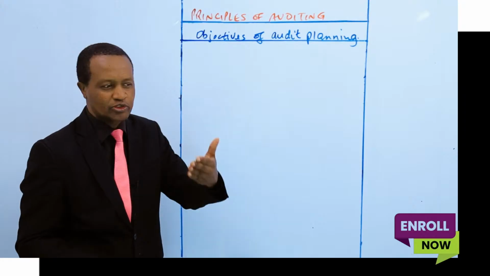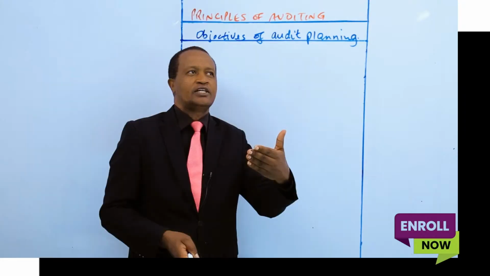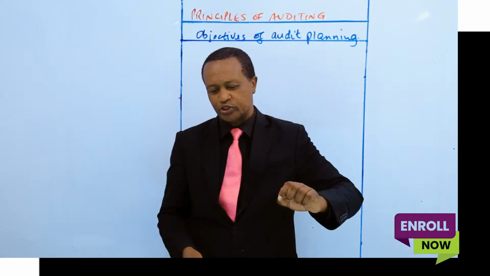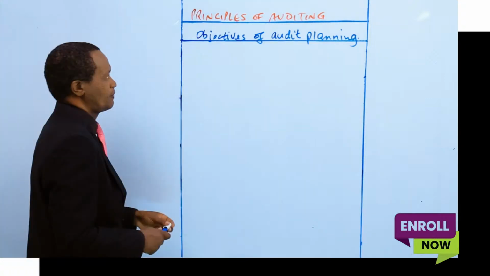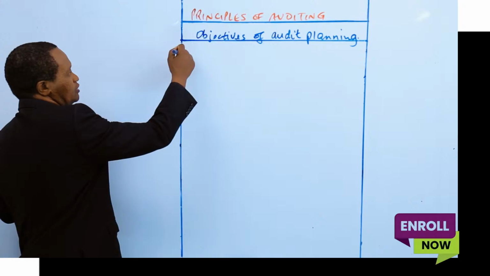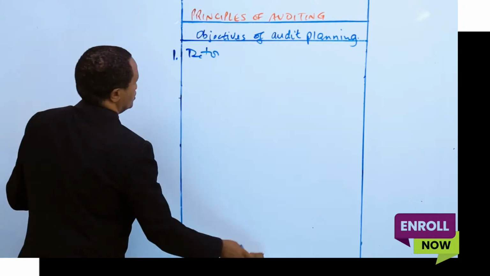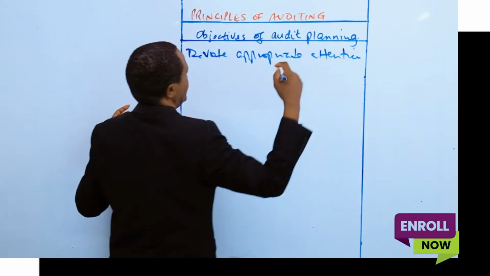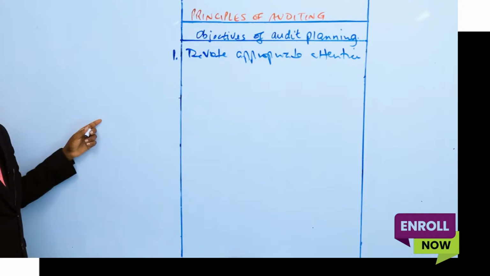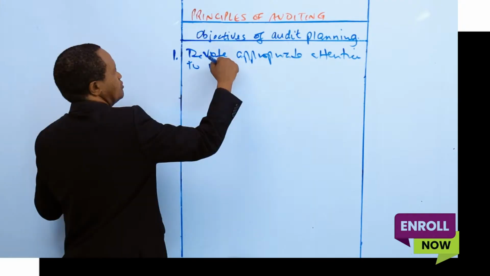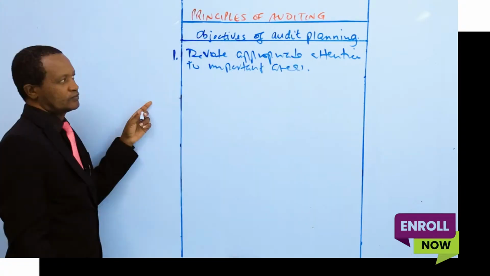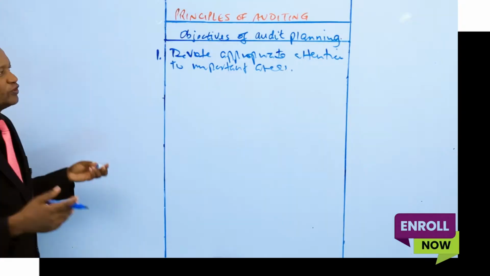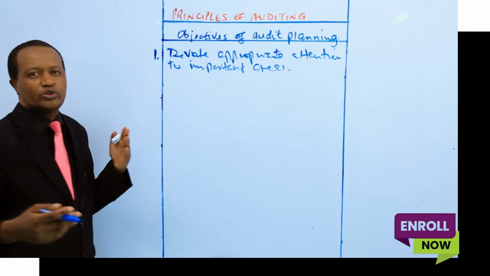And one such objective is that an audit plan helps the auditor to devote appropriate attention to important areas of the audit. Because without a plan, the auditor may not devote proper attention to important areas of an audit.